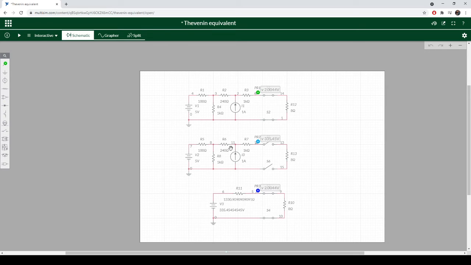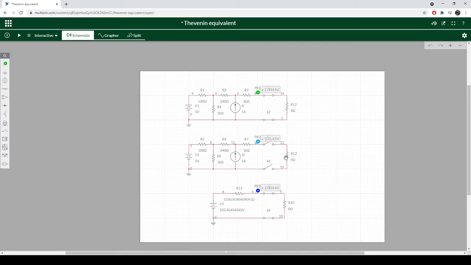You can use source transformation, you can simplify it by combining series and parallel connections, and I ran through all the math to double check that Multisim was showing me the right thing, and from here to here there is 335.45 volts with it opened.